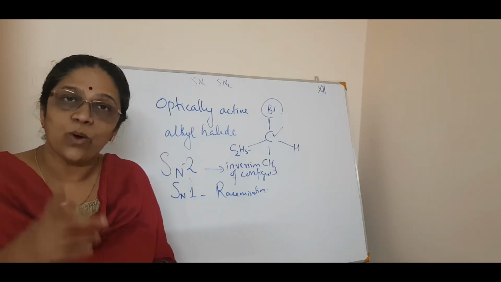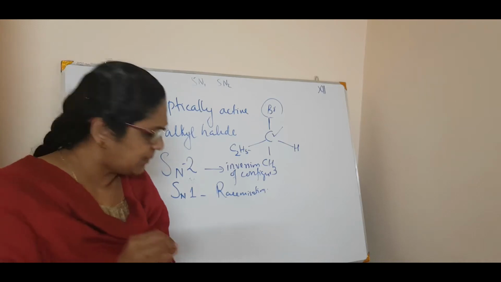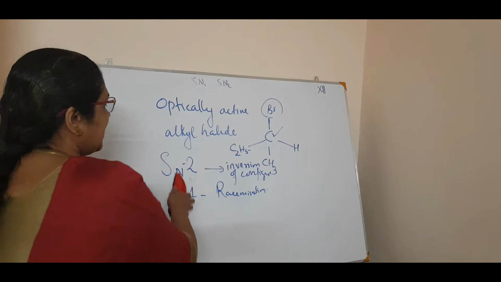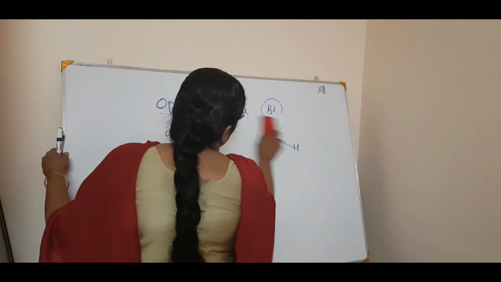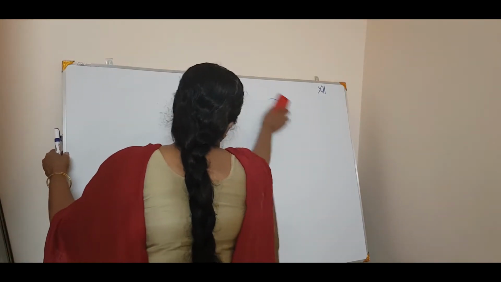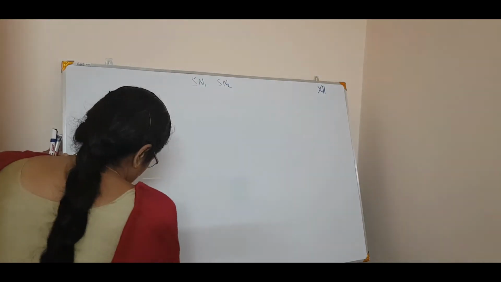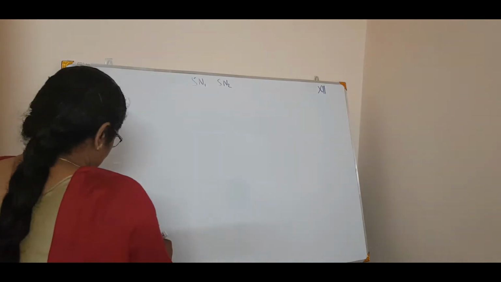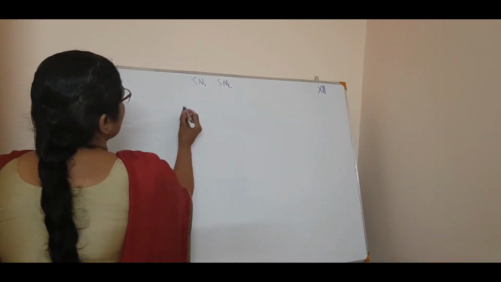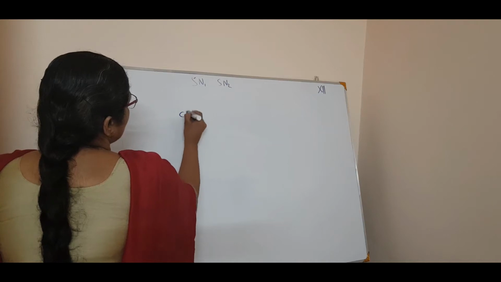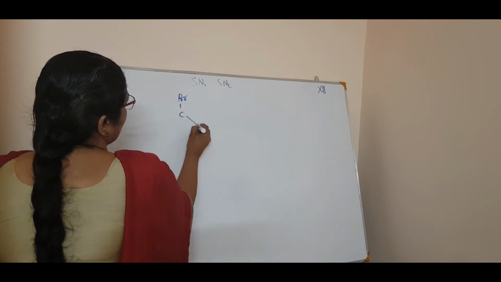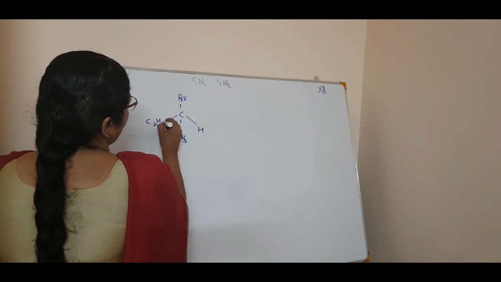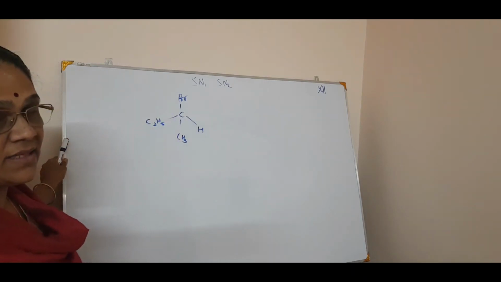Now we will see one by one how this happens. Not the full mechanism, but we know the steps. So we will first take the SN2 mechanism, that is the inversion of configuration. How does the inversion of configuration take place in an SN2 mechanism? We know the alkyl halide is C, here it is bromine, here H, here CH3, and here C2H5.